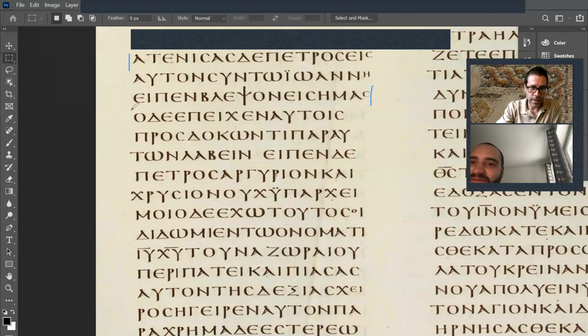Okay, now we're going to read from here to here. Ho de epeichen autois prosdokon ti par auton labein. So a relative pronoun here, he.